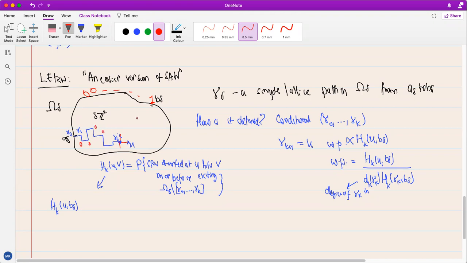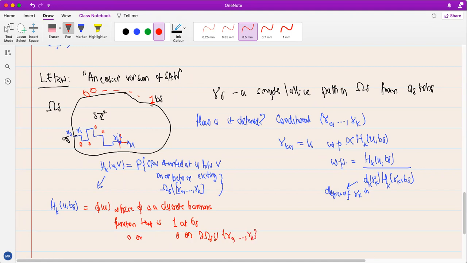So you find a phi of u, where phi is a discrete harmonic function that is 1 at b delta, 0 on the boundary of omega delta, union with all these gamma_0 up to gamma_k also.